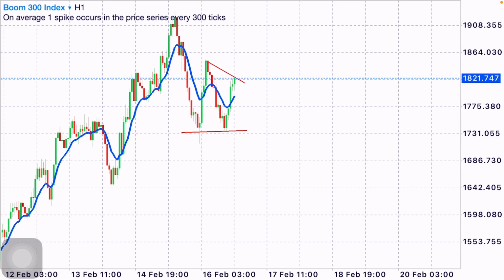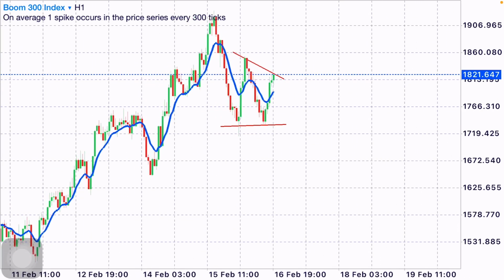So in another word, if this candle, this is a sell market, this Boom, but the market is on spike market now. If this candle now crosses this trend line up here, it means that it's going to buy more.